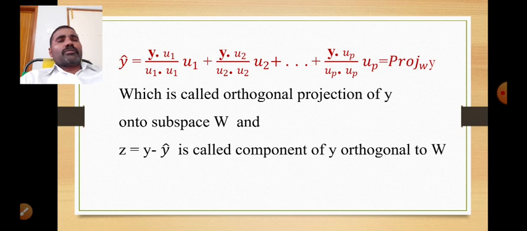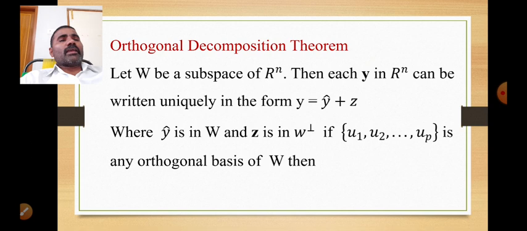Then y is y cap plus z, where y cap is given by, in the earlier case, there is only one vector u: y dot u by u dot u into u. Here there are p vectors, that is, the entire subspace we are taking is spanned by these p vectors. Earlier the subspace was spanned by only one vector u.